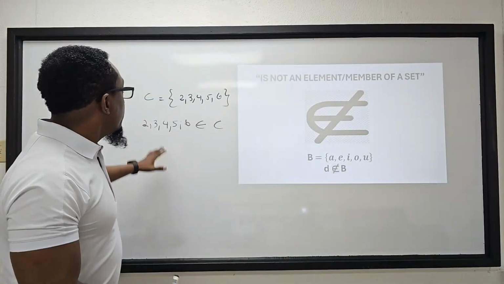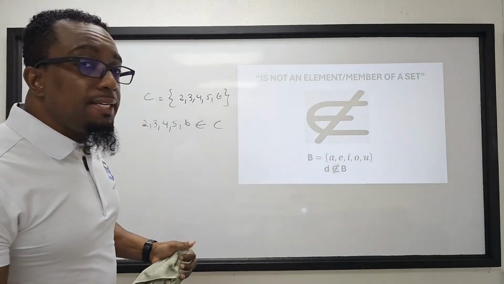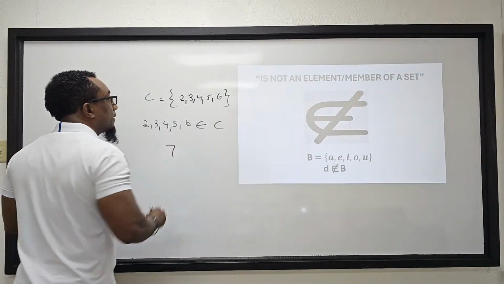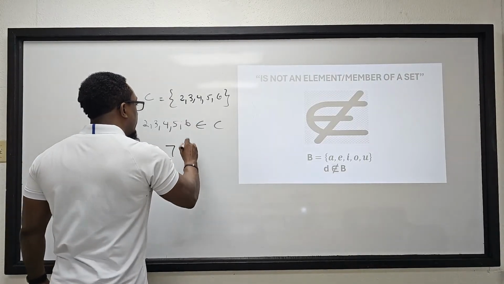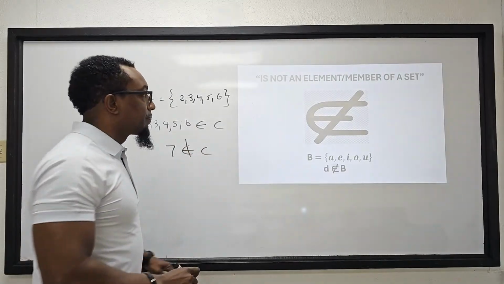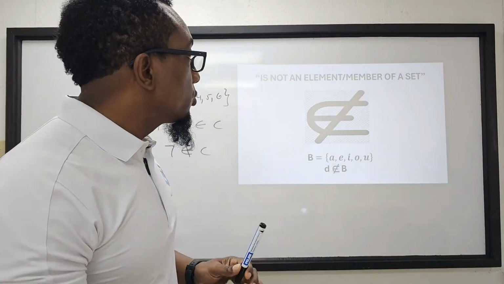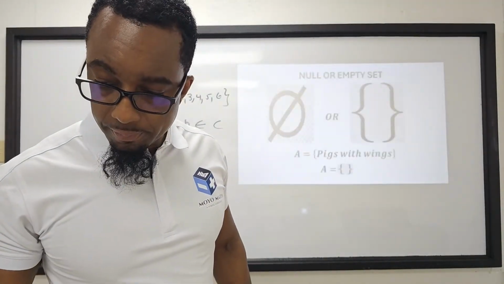So similarly, if we have this set C, clearly the element 7 is not a member of set C. Alright? So making sure we understand and we can recognize the various notations.